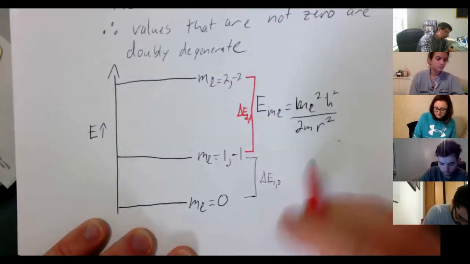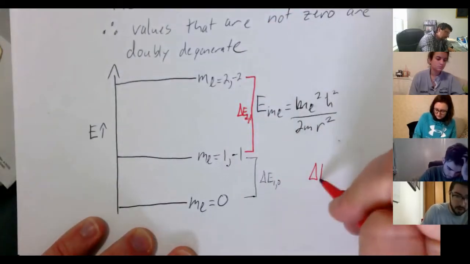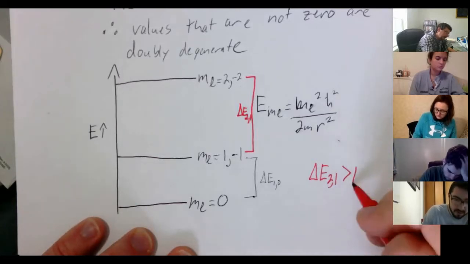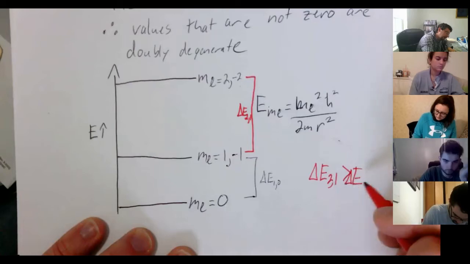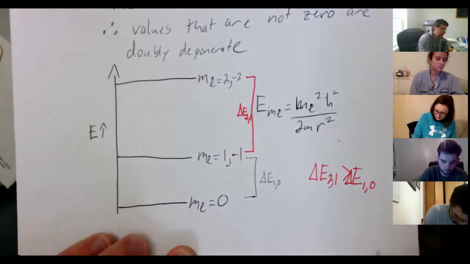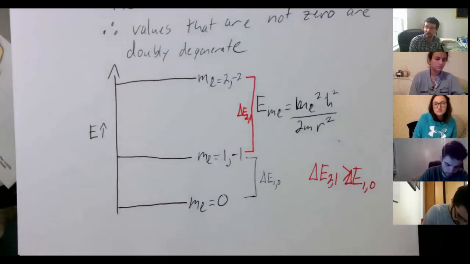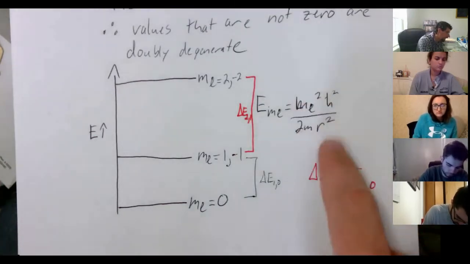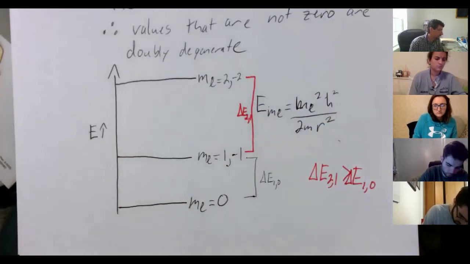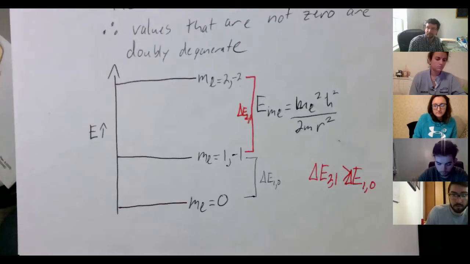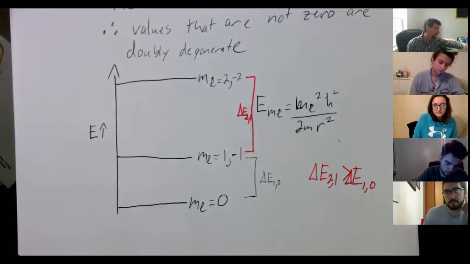The energy difference from 2 to 1 is greater than that of delta E from 1 to 0. So the spacing is going to increase as we increase that ML value, right? And John, you're exactly right. We have those squared values. That square makes a big deal. Okay? Everyone feel comfortable with that?